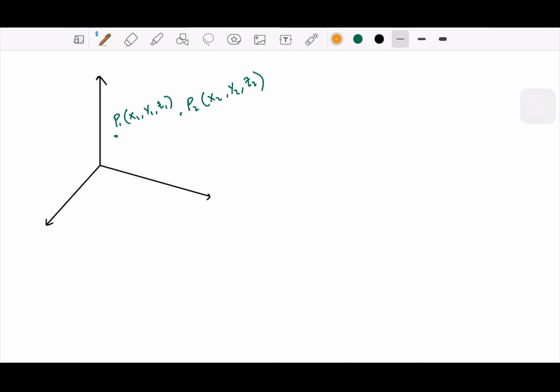Maybe we can have some rectangular box that can help us describe how it looks, probably helping to imagine where the positions are. And if this is a distance here, let's say this is a distance d.